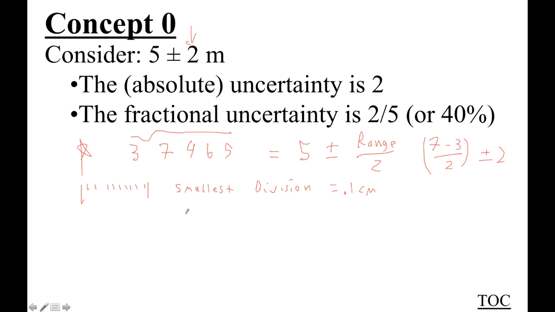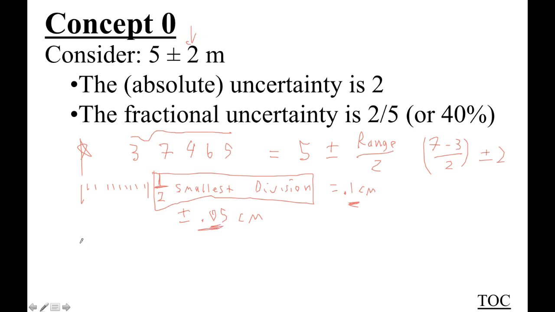Then the uncertainty would be plus or minus 0.05 centimeters. It'd be half that smallest division. So the rule for that, if you're reading a thing, is that it's half the smallest division on a meter stick. This is also true, I think, for analog meters, where you've got a needle and a scale behind it. It's half that smallest division.